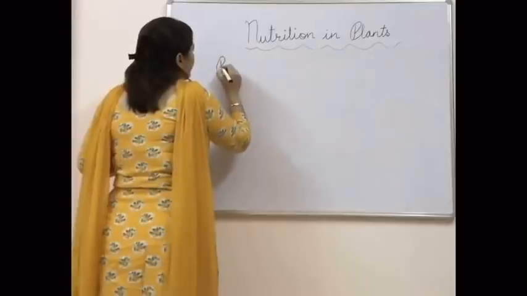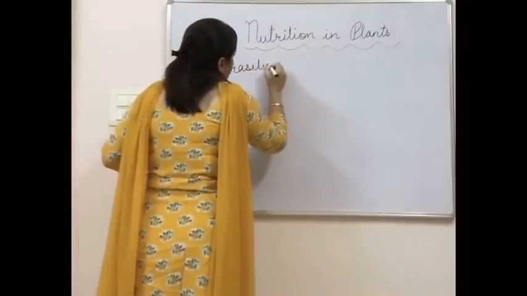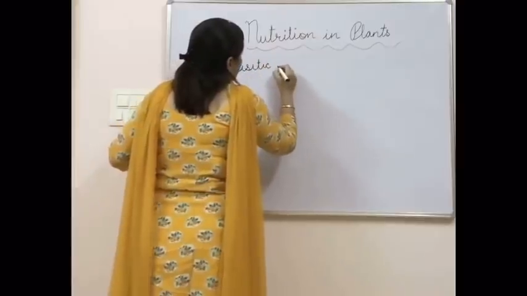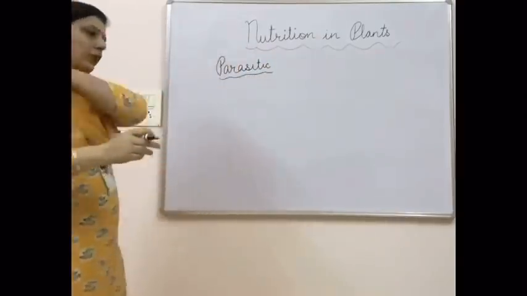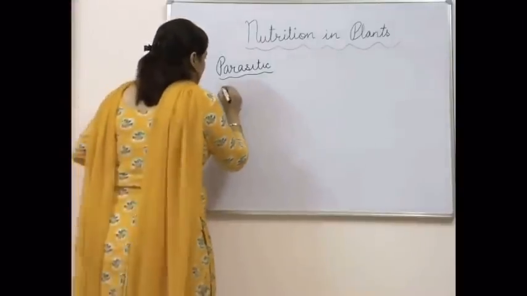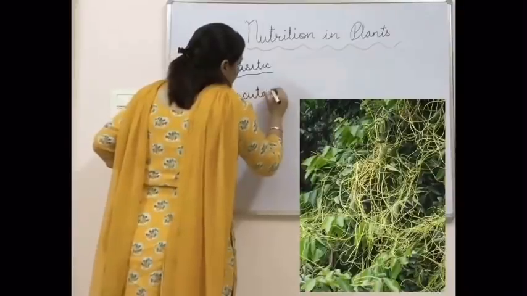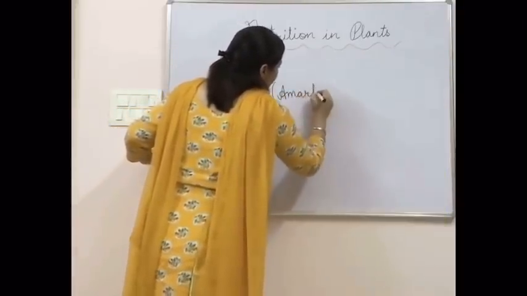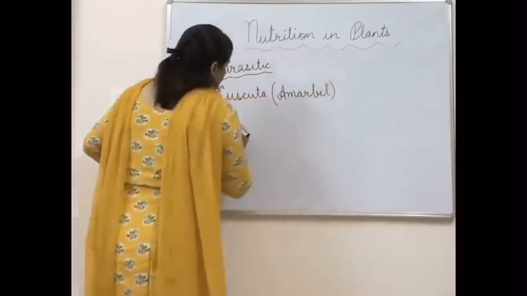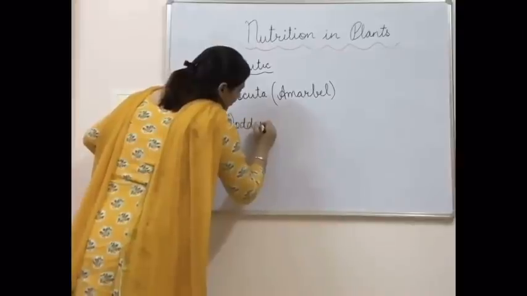Parasitic mode of nutrition. This is a type of heterotrophic mode of nutrition, and one very common example of this is cuscuta. We also call it amarvel in Hindi, and it is also called dodder.